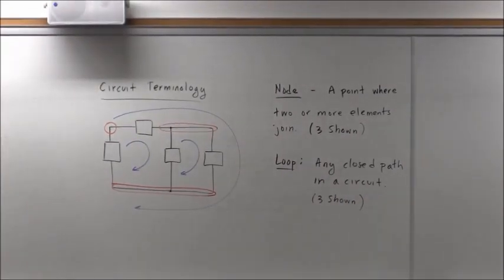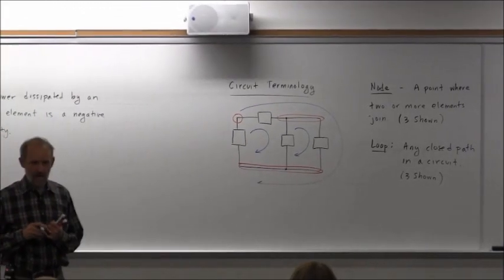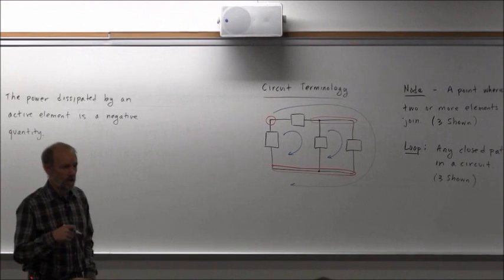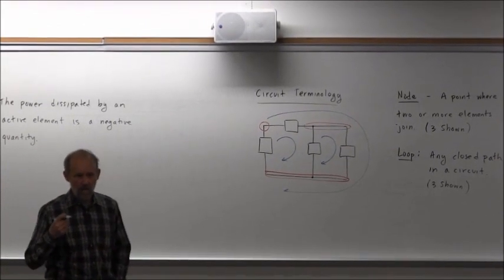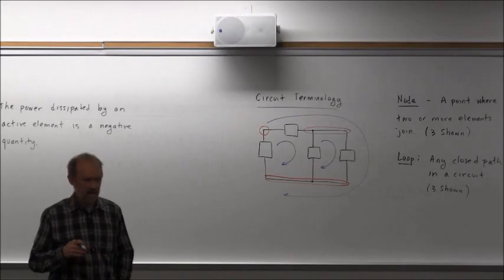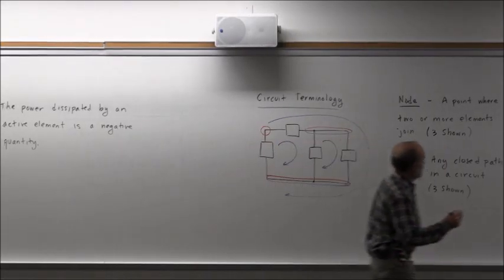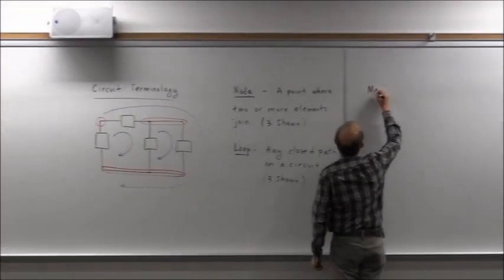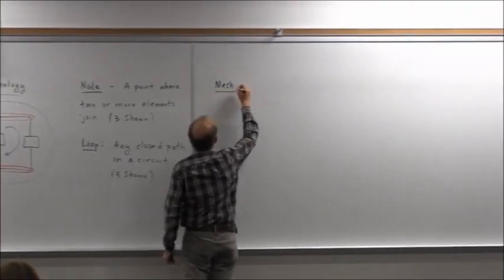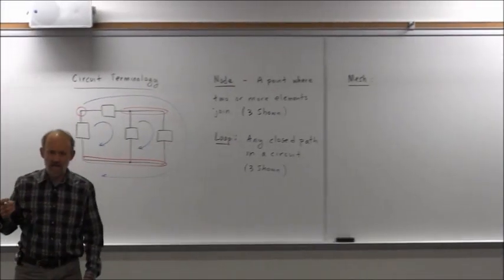And then finally, the other topic I'd like to mention is the concept of a mesh. We will also develop what's called mesh current analysis, an equally powerful circuit analysis technique. So it's important that you recognize how to identify meshes. I guess there's really no clean way to describe this.